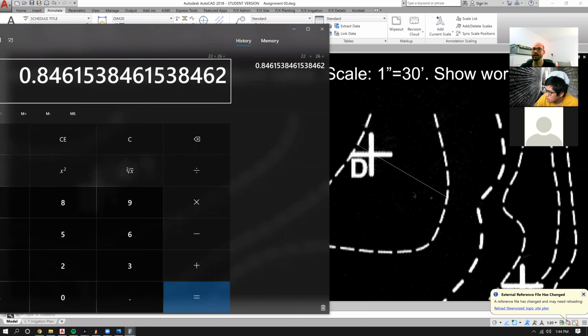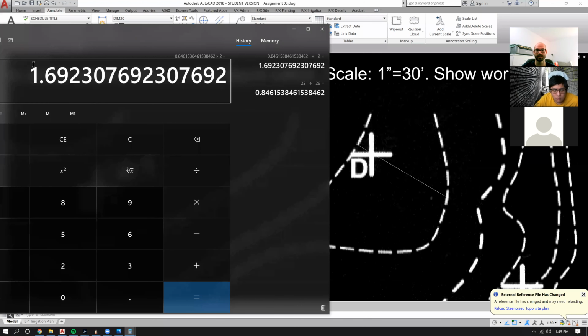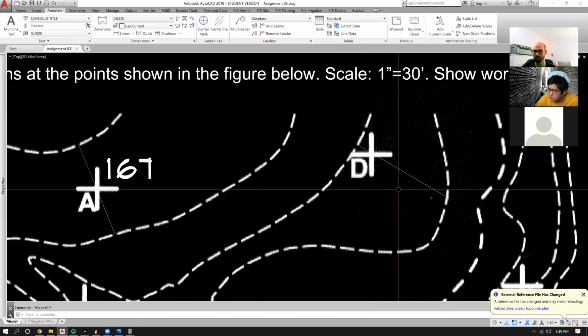So if the contours were 1 foot apart, you could just take that percentage and directly translate it into a decimal of elevation. You would just take that 0.84 and add it to the lower elevation. But since the contours are 2 feet apart, you need to multiply that number by 2. Multiplying by 2, we get 1.69, 1.7 we'll call it.